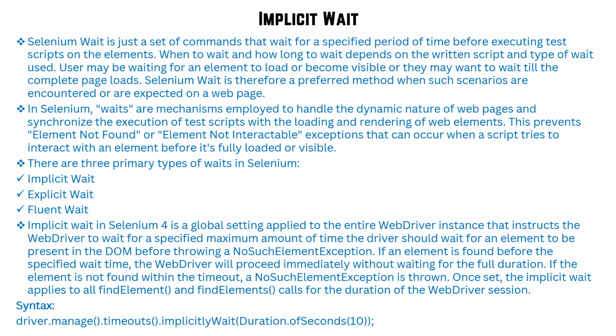But for fluent wait, apart from the total timeout, you need to give the interval, how many seconds you want to check again. So if you give a total of 30 seconds and every 10 seconds you want to check, within 30 seconds you will check three times. Maybe by that time your internet connectivity is restored and it will pass. So that is the difference between these three waits.